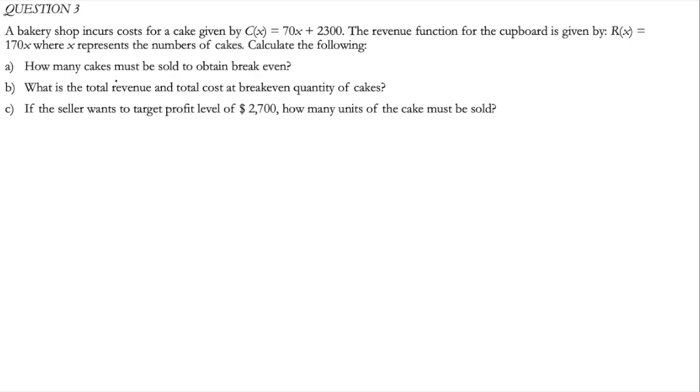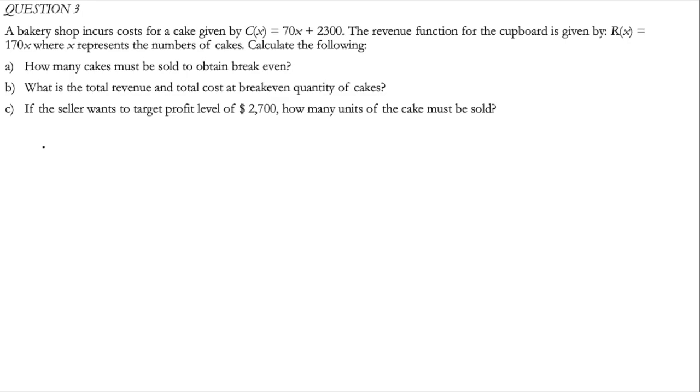Calculate the following. A. How many cakes must be sold to obtain break-even? B. What is the total revenue and total cost at break-even quantity of cakes? C. If the seller wants to target a profit level of 2700, how many units of the cakes must be sold?